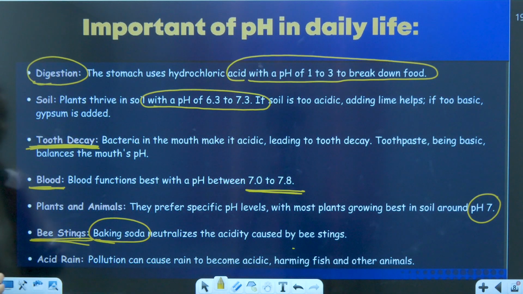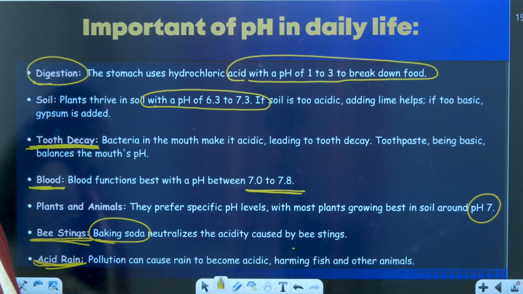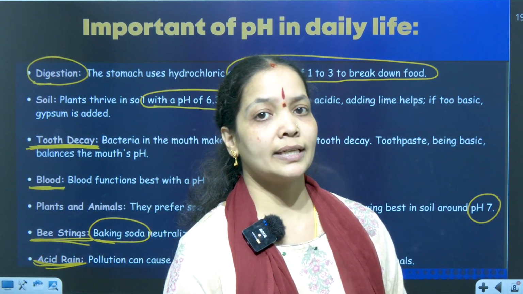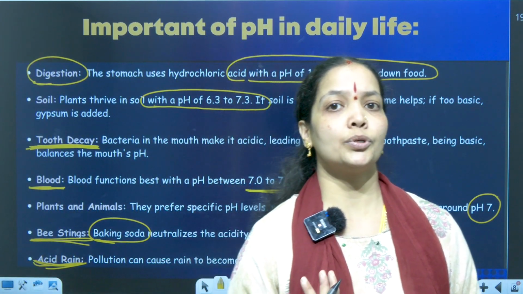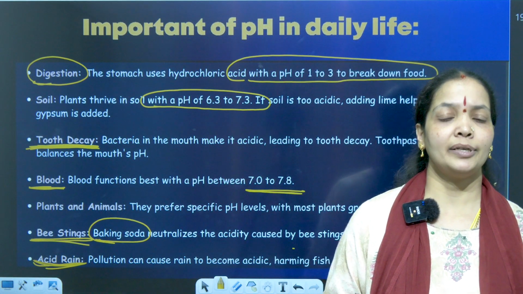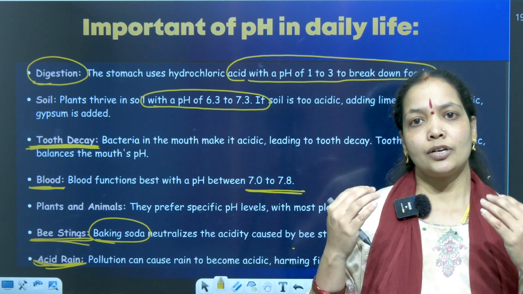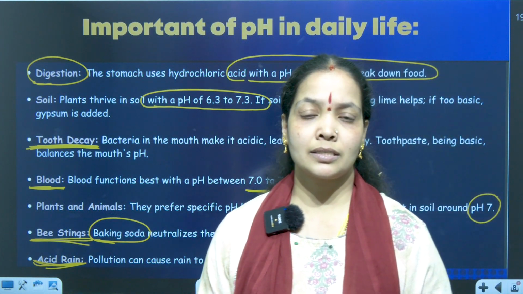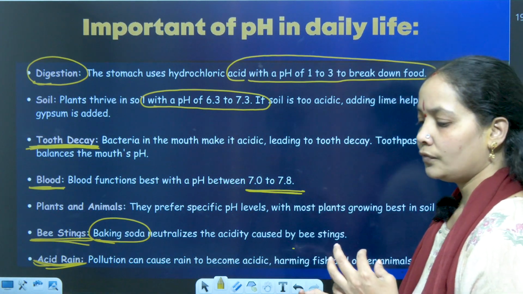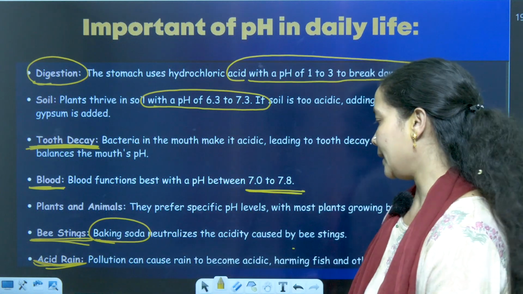Next is acid rain. What is acid rain? If the pollution in the atmosphere is increasing and the amount of CO2 is high, and there is rain during that time, the carbon dioxide with the raindrops reaches the Earth's surface. At that point, the water is acidic and hence we call it acid rain.